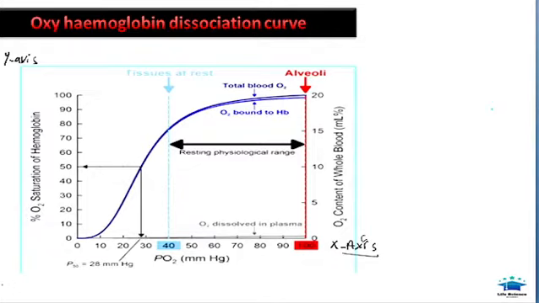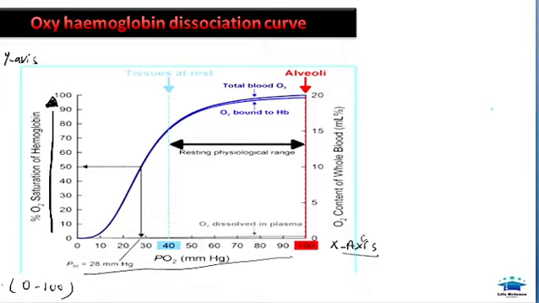If we talk about percent saturation, this value ranges from 0 to 100. And if we talk about the pressure of oxygen, this value ranges from 0 to 100 mmHg.